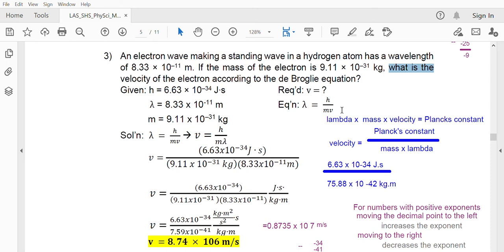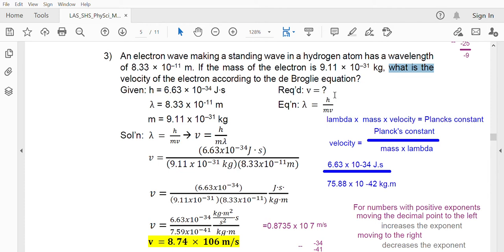So we will rearrange the equation by cross multiplying. Lambda here, cross multiplying with mass and velocity: lambda times mass times velocity. And the Planck's constant on the other side is multiplied across, but there is none. There's only lambda over 1.